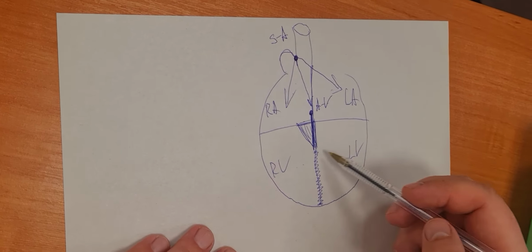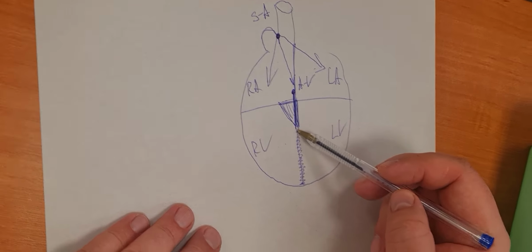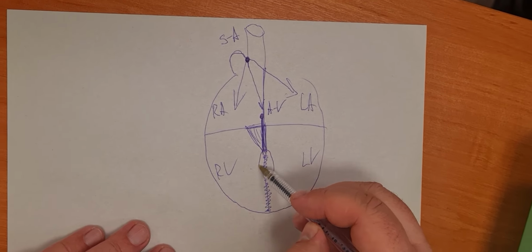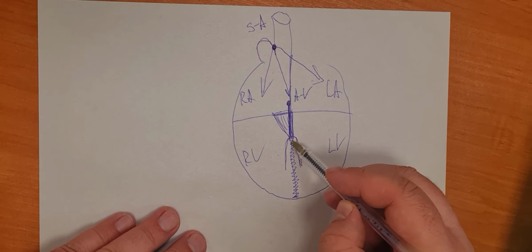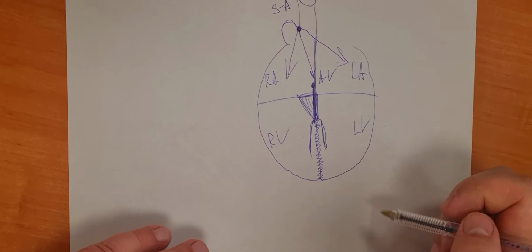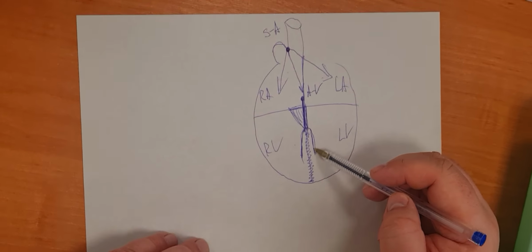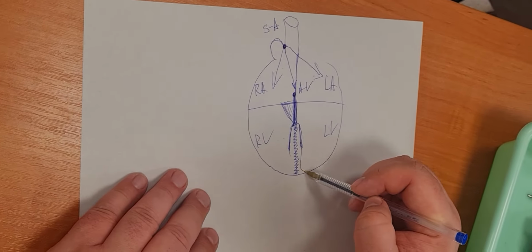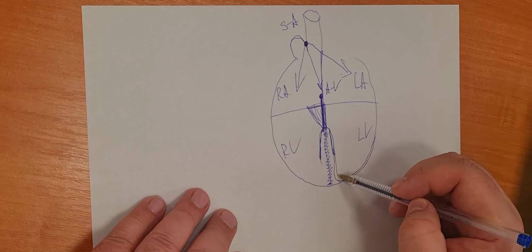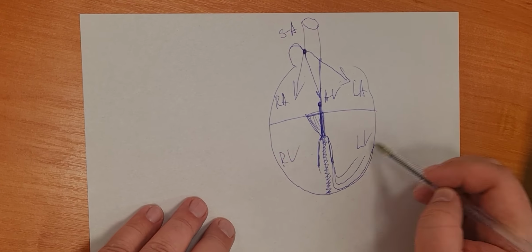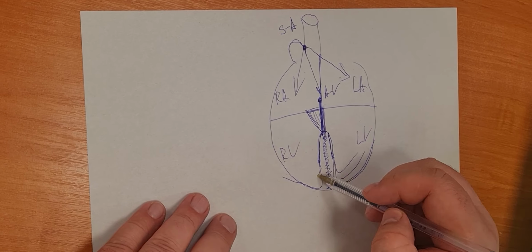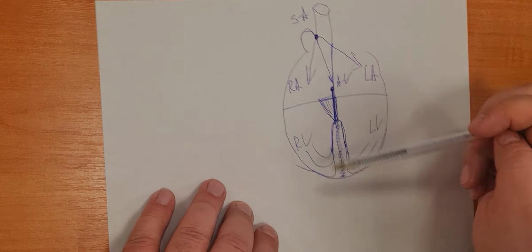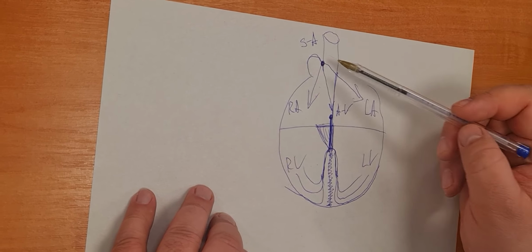And the bundle of His, on the border between the membranous and muscular part of the septum interventriculare, subdivides into 2 crura, right and left, crus dextrum and crus sinistrum of the bundle of His, and these crura continue into the ventricles as Purkinje fibers.